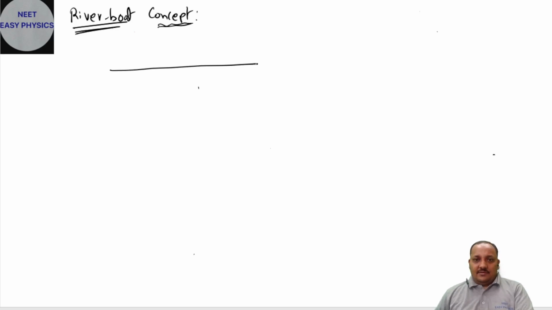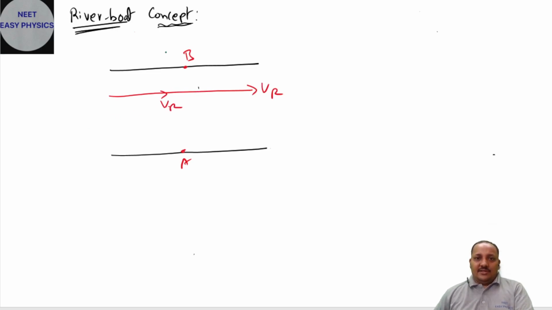Whenever a boat is going to cross the river from one end to another end, A to B, if the river is flowing towards the right side with velocity VR, then instead of reaching B, the other bank of the river, the boat is going to reach C. Correct? Because of this river velocity, the boat will reach C.